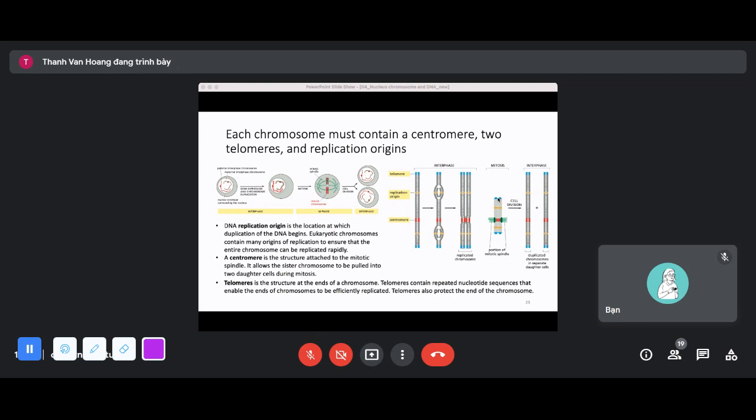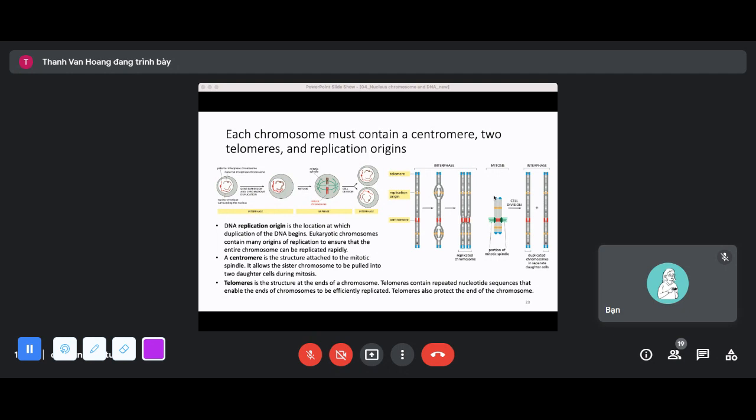So you can imagine that during replication, because DNA replicates from 5' to 3', at this one end the polymerase binds to the DNA and extends the newly synthesized DNA strand.